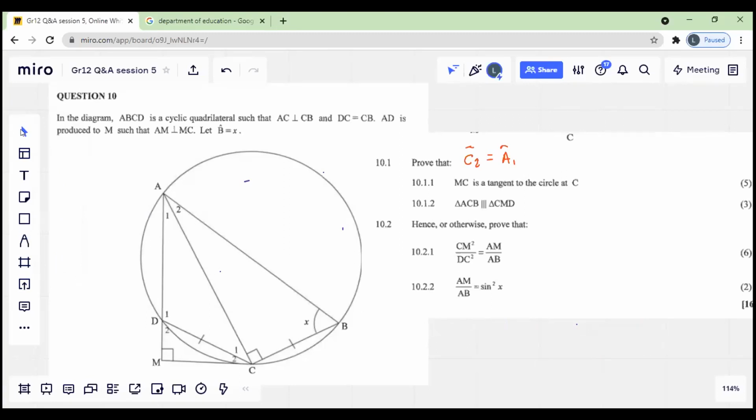Okay, so then the next question, 10.1.2: we need to prove that ACB is similar to CMD. I think this comes from the 2018 paper, Timothy, if memory serves me correctly.